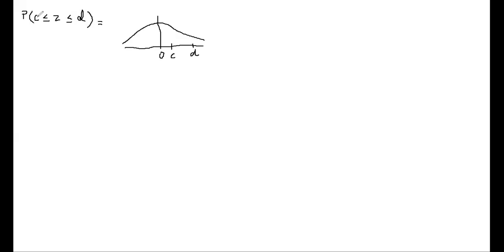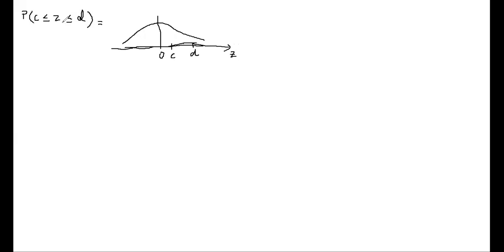I require to obtain the probability that the standard normal variate lies between C and D. The X axis denotes the values of Z over here. We'll take the values of Z over here.